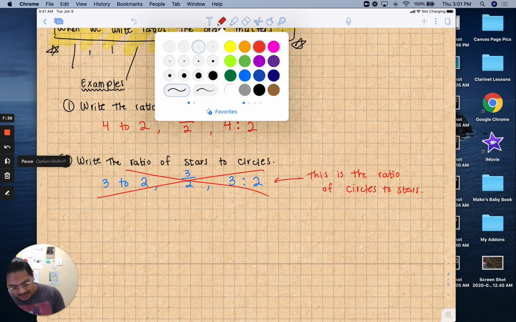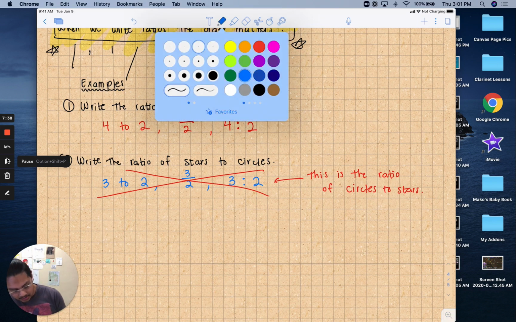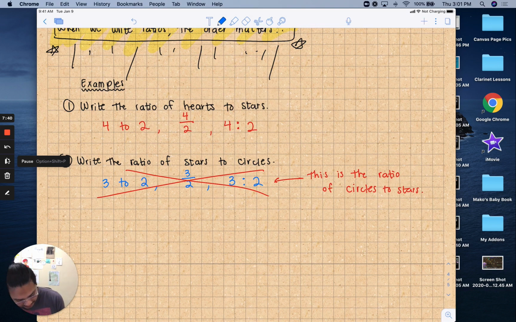So instead, what you should have written is something like this. 2:3, 2:3, and 2:3. These are the correct ratios for the number of stars to the number of circles. Okay? Again, the order in which we write ratios matters.